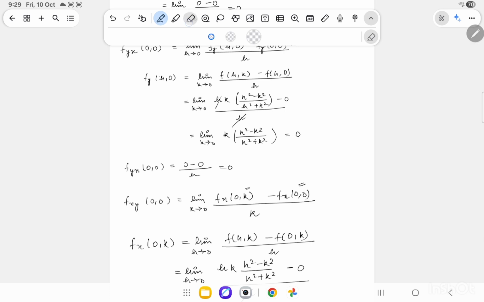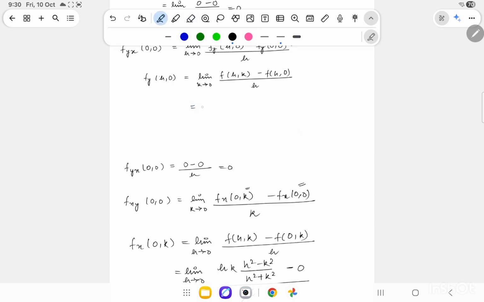Okay, we have made a calculation mistake here. So here we'll have k, so it will be equal to the limit as h approaches 0 of hk(h² minus k²) divided by (h² plus k²), minus 0, divided by h, and this h balances this, and if we simplify it is equal to k times (h² minus k²) by (h² plus k²).